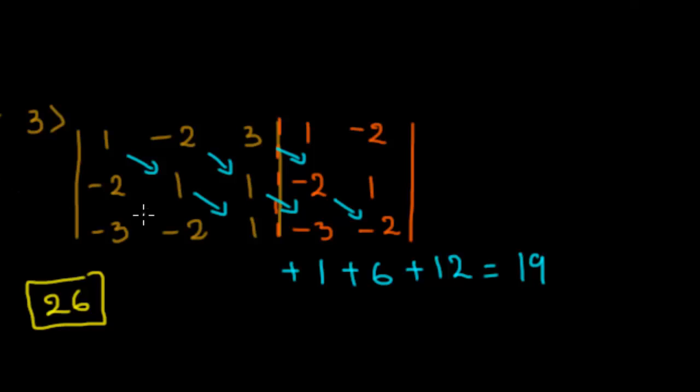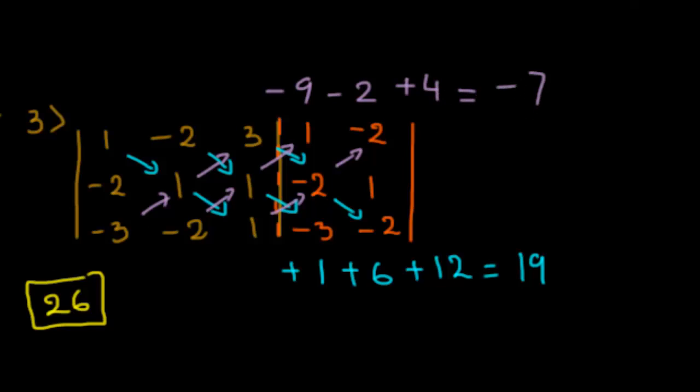Now we multiply across going up, negative 9. This time that is negative 2. 1 times negative 2 times negative 2 is positive 4. And they add up, give me negative 7. So bottom subtract top, 19 minus.